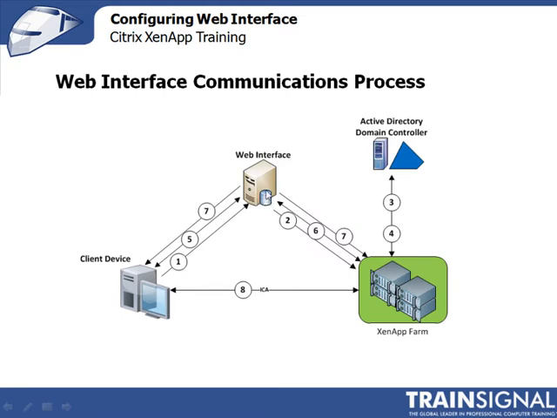It also has a secure ticket generated by the Secure Ticket Authority. It's going to compile this information, send it back to the user, and allow the user to make a direct connection between the device that they're on and the XenApp server that created the secure ticket and that has that application that the user is requesting, and an ICA connection is established directly, and at that point, Web Interface is completely out of the picture.